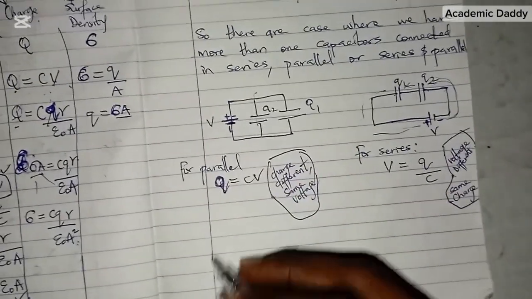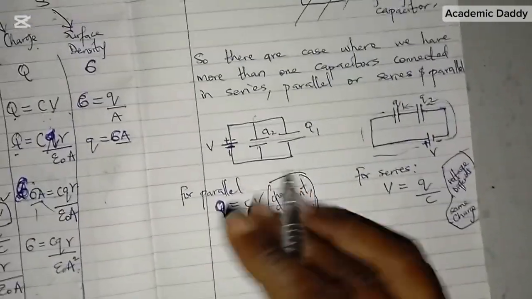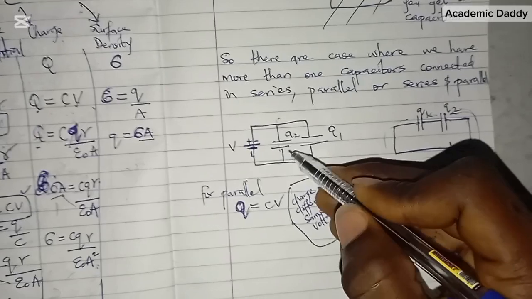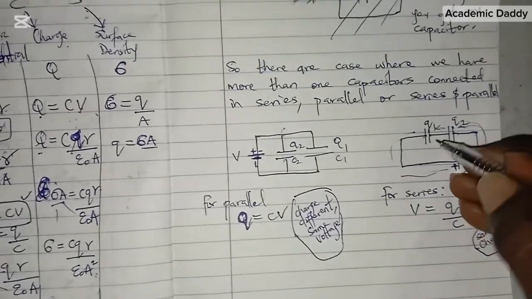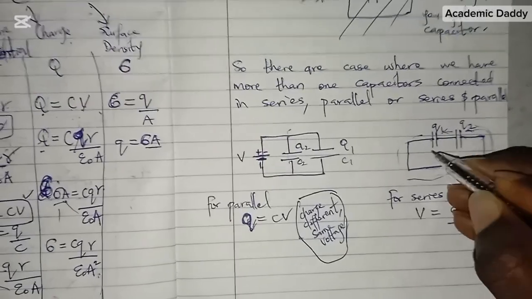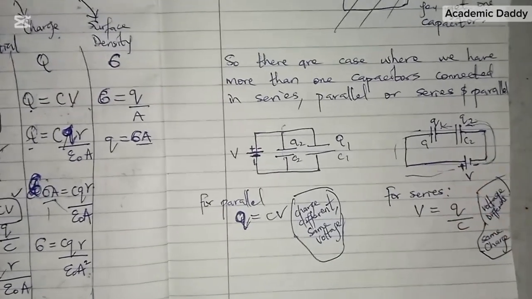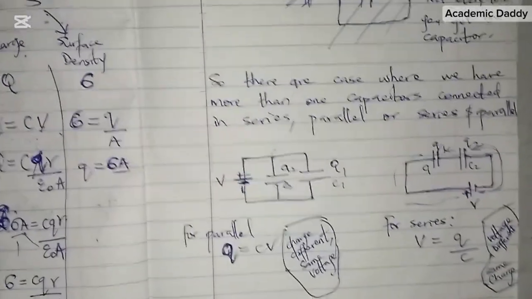So if this is true, let's say I have, as charge is moving here, capacitance 2, capacitance 1. Then let's say here I have capacitance 1, capacitance 2. That is storage of charge 1, storage of charge 2.